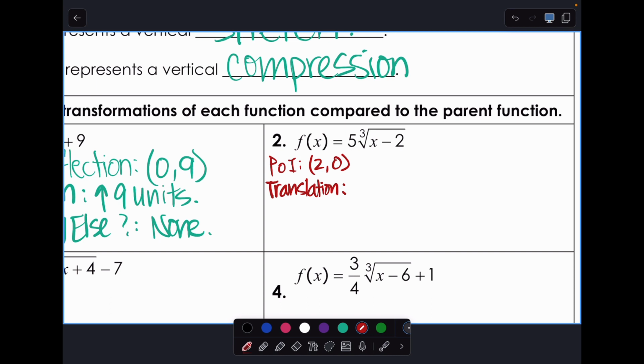Nothing else, just right 2 units. Okay. And anything else? Ooh, vertical stretch by what? Anything else? Nope. Nope. All right.